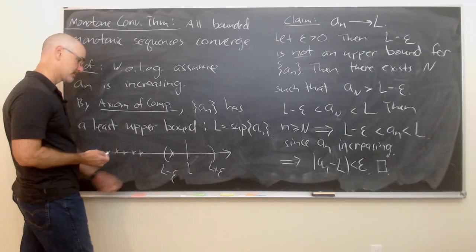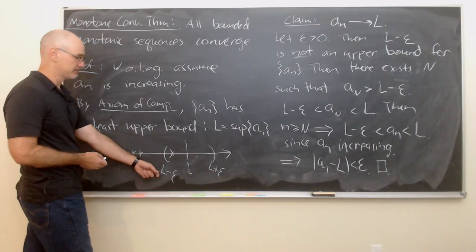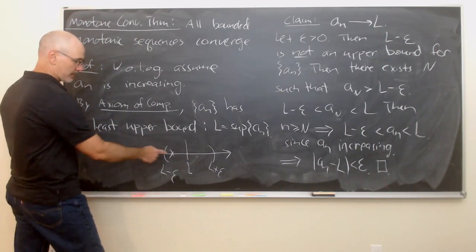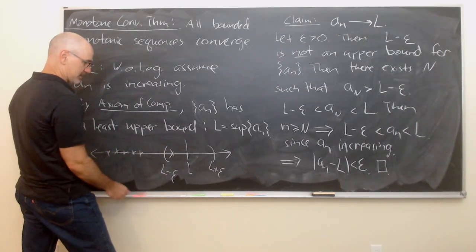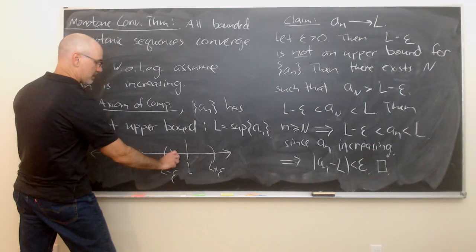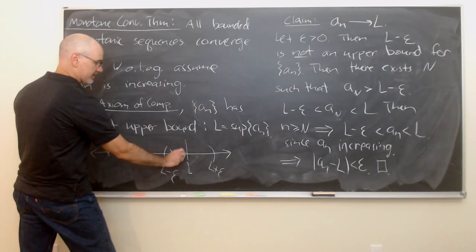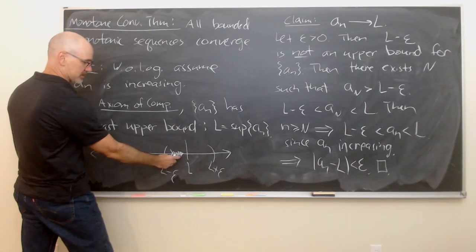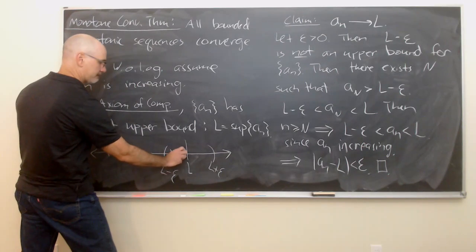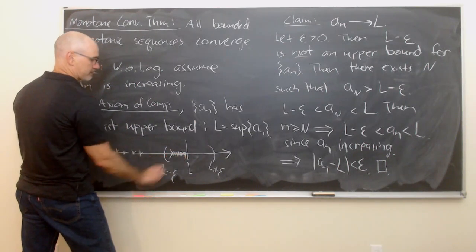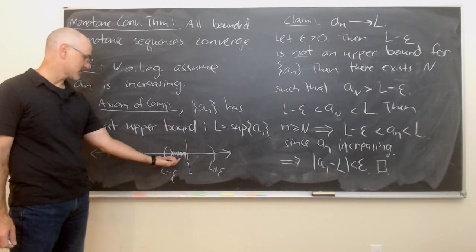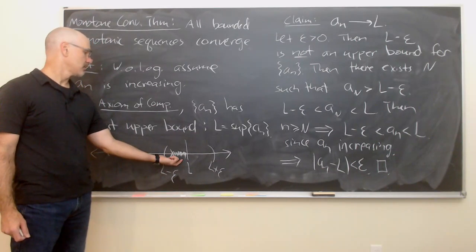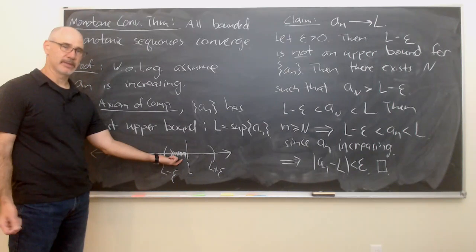If there wasn't, then L minus epsilon would be an upper bound. Well, if a member lands in that interval, then all the rest of the members of the sequence are in there also, because the sequence has to increase. And that gives us a capital N past which we are stuck within epsilon of capital L, and that completes the proof.